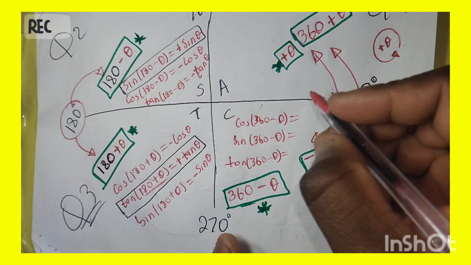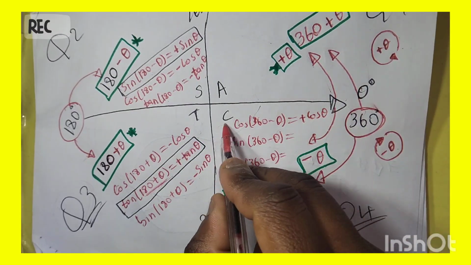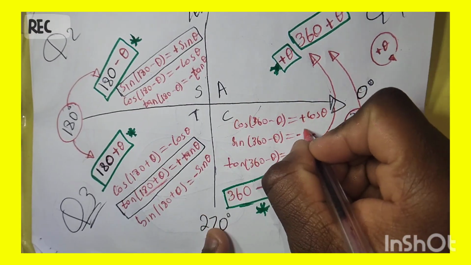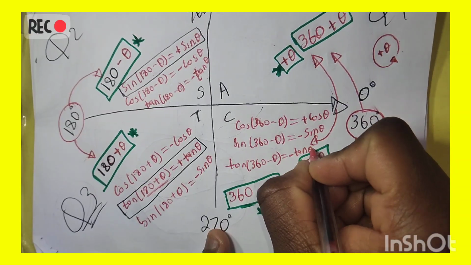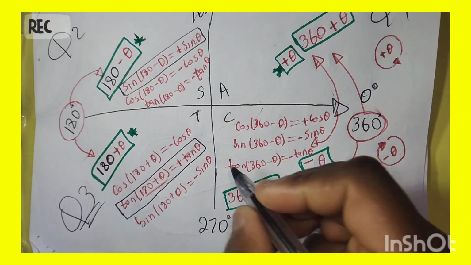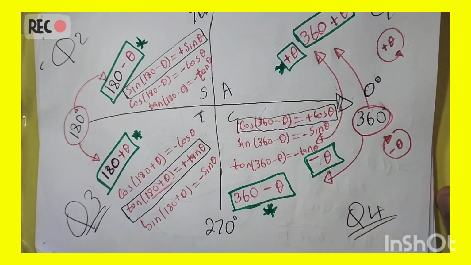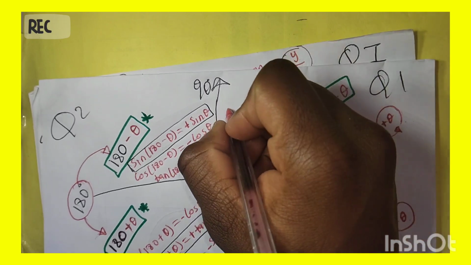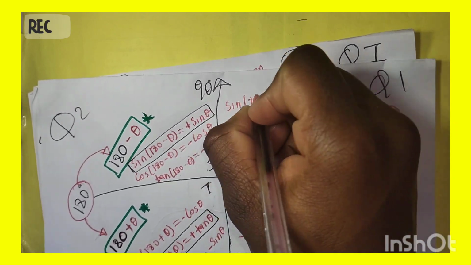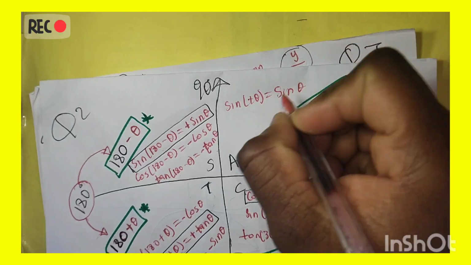So for this one, it's positive theta, because here it's only cos which is positive, meaning sine is negative and tan is negative. So this term is positive. But for this one, if you see sine positive theta, nothing has changed, everything is positive.